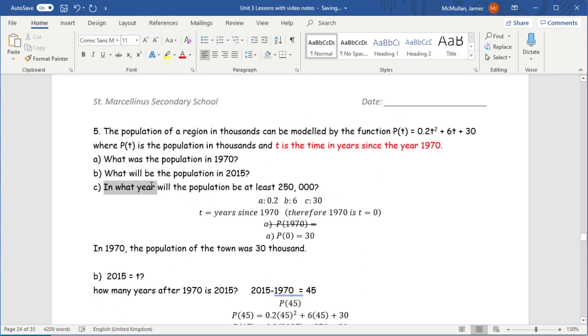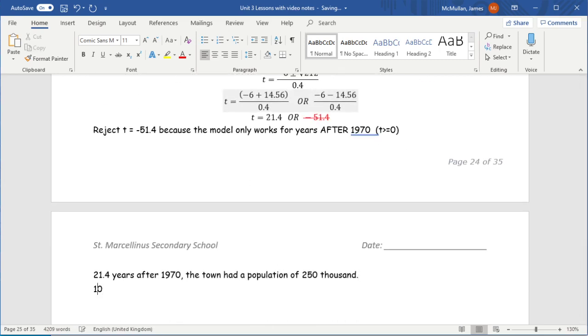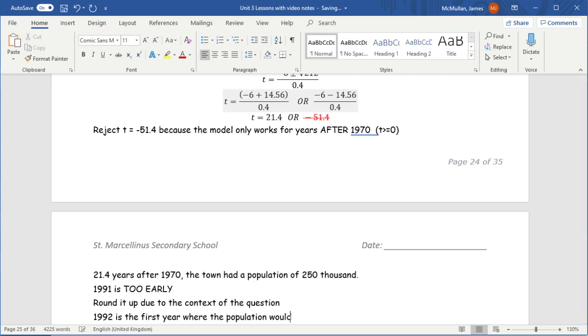Now, the question says, let's read this carefully. In what year will the population be at least 250,000? Now, think about it. If I give the answer 1991, it is too early because it takes until 0.4 of the way through the year 1991 for it to reach that number. So we're going to round it up due to the context of the question. And we'll say 1992 is the first year where the population would be at least 250,000.